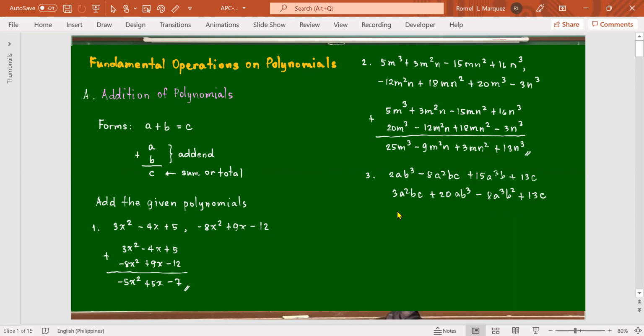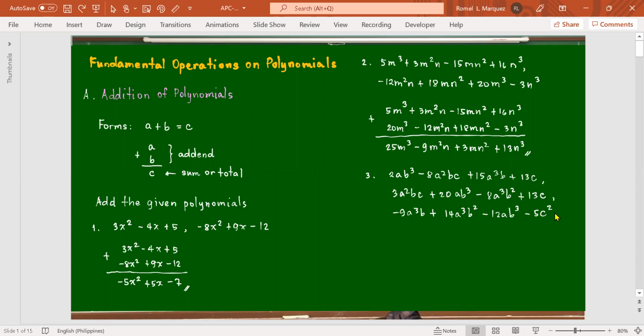We have next negative 9a cubed b and then plus 14a cubed b squared minus 12ab cubed minus 5c squared. Okay? So let's say we're given these three polynomials.